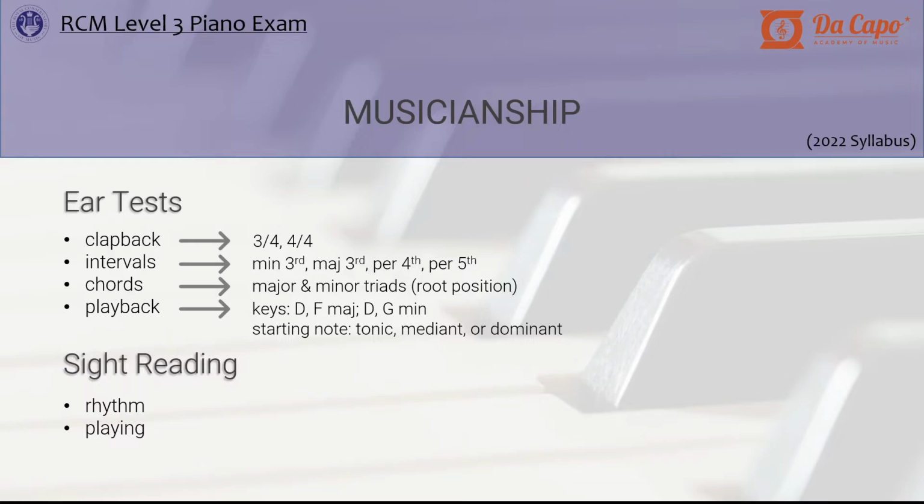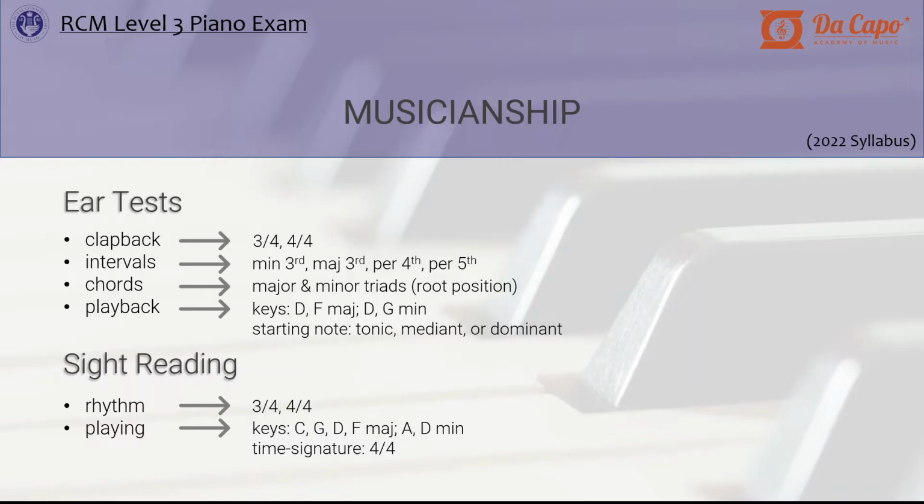For the sight reading for rhythm, the possible times are 3/4 or 4/4, and for the playing, the possible keys are C, G, D or F major, A or D minor, and the time signature is going to be 4/4.